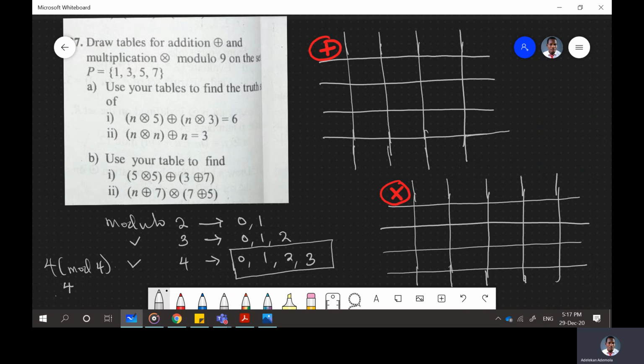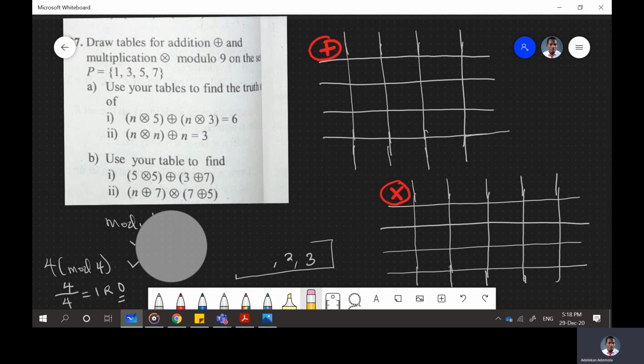Divide 4 by the modulus, which is 4. You get 1, and the remainder is 0. So that means 2 in modulo 2 is 0, 3 in modulo 3 is 0, 4 in modulo 4 is 0, 5 in modulo 5 is 0, 12 in modulo 12 is 0, and so on and so forth. Now let's look at the question.